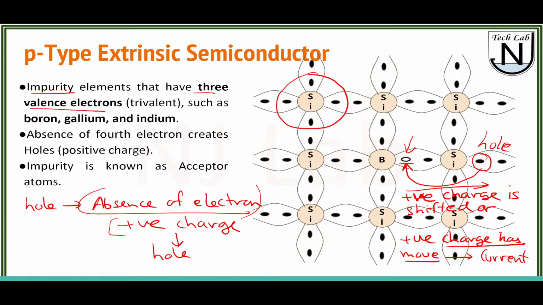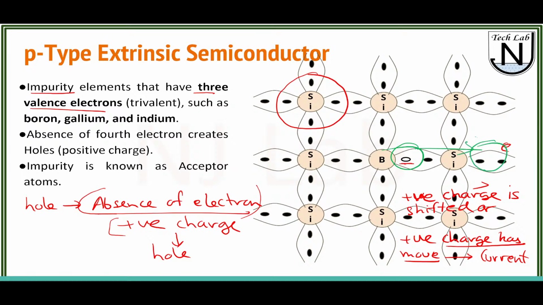So over here, if this electron fills this hole, then a new hole will be created over here, and we can say that this positive charge has moved from here to here.